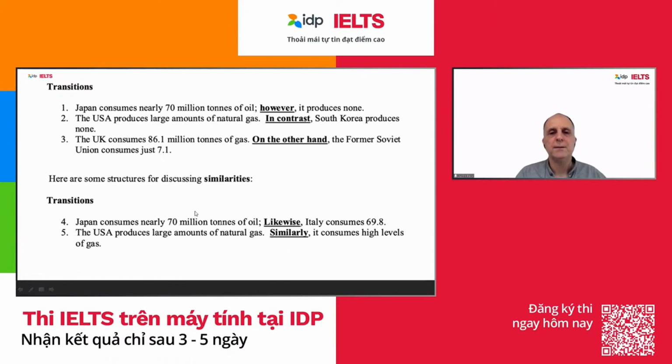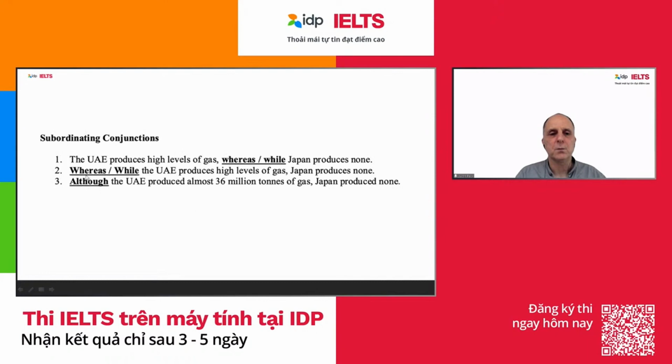We also have here, so having the adverbial, remember we should be making sure that we have complex sentences. So, whereas or while the UAE produces high levels of gas, and remember not to use any linker there, Japan produces more.